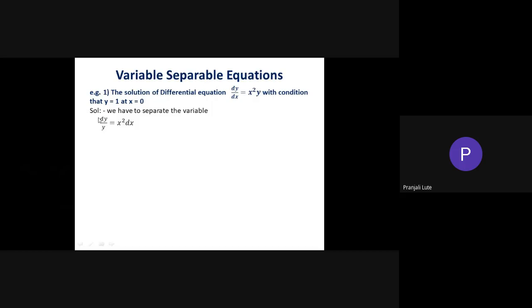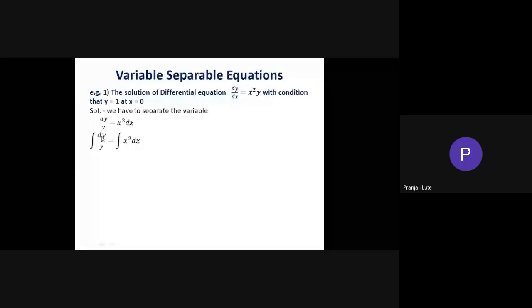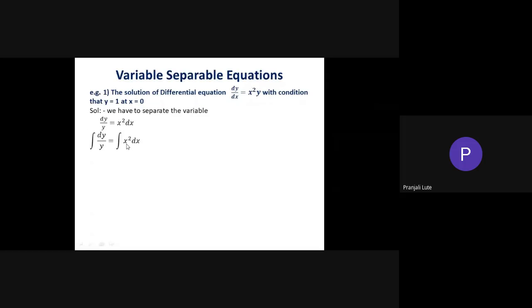So it is possible to integrate this differential equation. We integrate the left hand side and the right hand side. Integration of dy by y equal to integration of x square dx. The integration of 1 by y is log y, and the integration of x square is x cube upon 3.